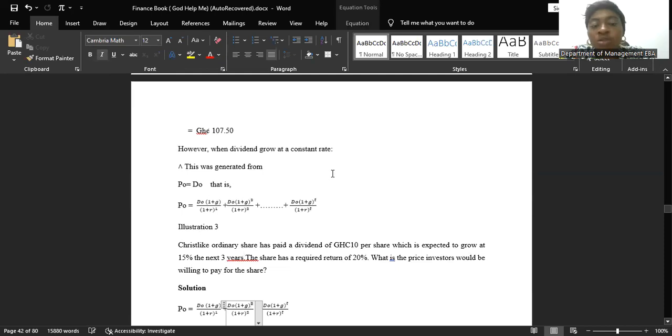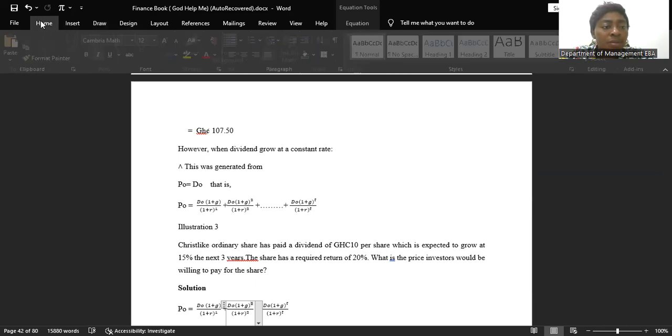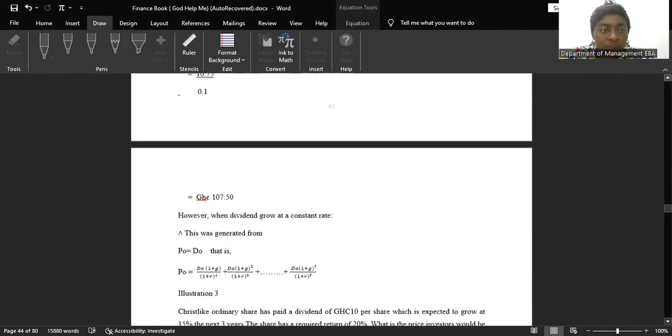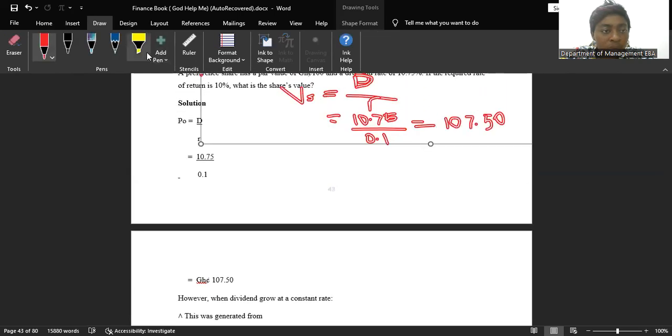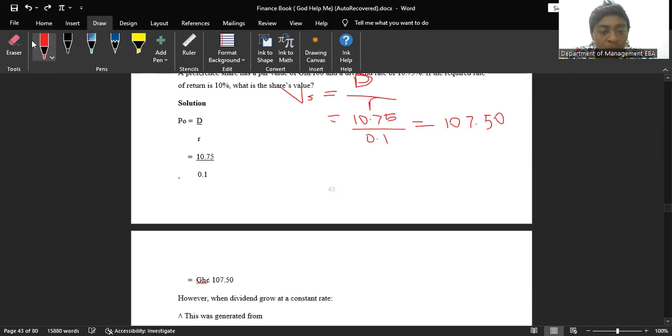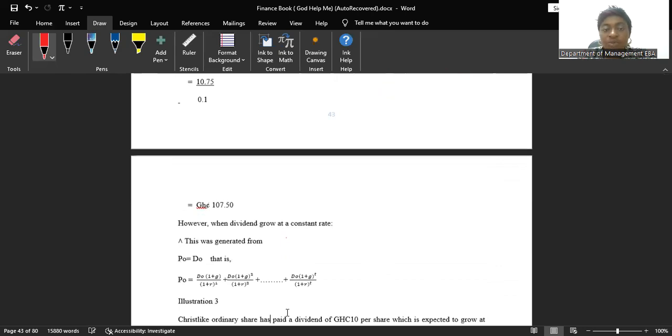the instances where we assume what? Constant growth. And when I talk of constant growth, we are talking of where this particular firm is going to grow its dividends at a constant growth figure.